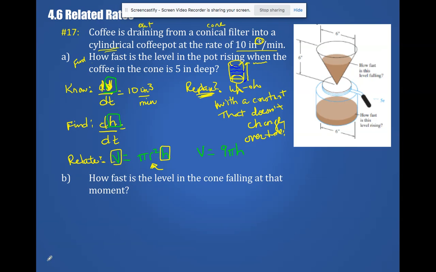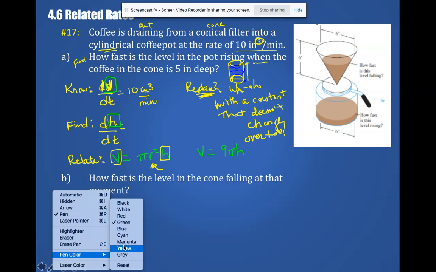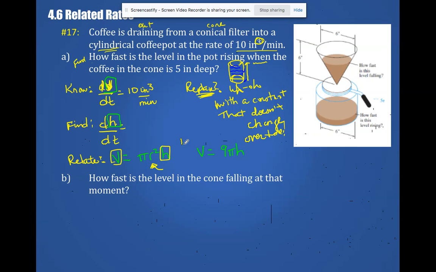Now differentiate, because now my boxes match. Okay, so in the cone problem, I had to do a replace, but I had to replace it in terms of the variable I wanted to stay, which was h. Here, because I have a cylinder, I did have to replace, but I was allowed to replace with a constant.